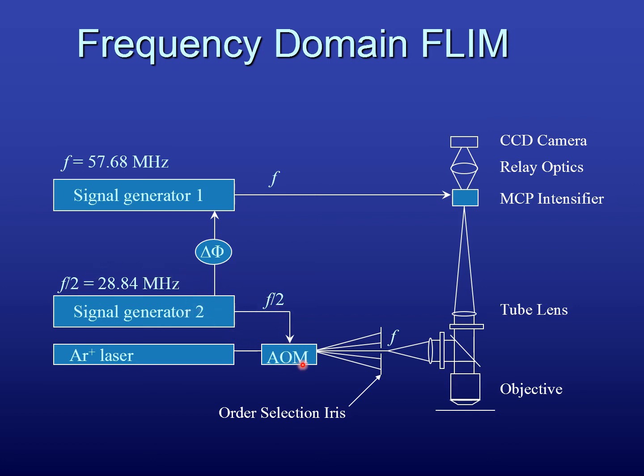Because the AOM is an acousto-optical modulator, and basically that generates a deflection every time, so it's a standing wave that you're generating, and this standing wave is oscillating at the frequency that you're driving it with, but twice per oscillation it causes diffraction, and twice per oscillation it basically goes through the zero line, where this just looks for a brief moment of time like a piece of glass.